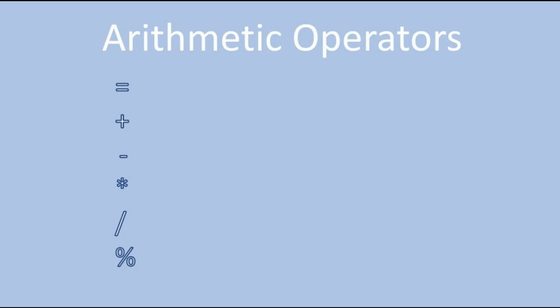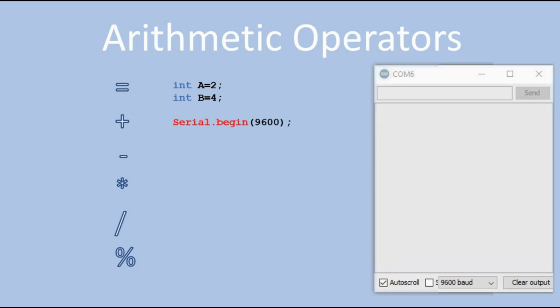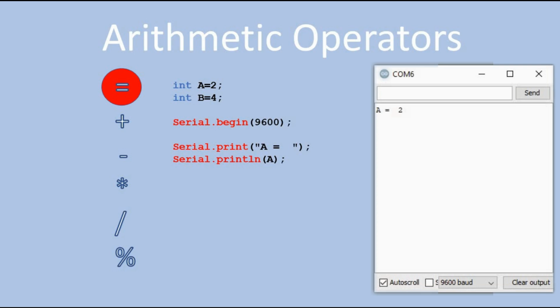Quick presentation in Arduino code. Let's introduce two variables a and b with subsequent values 2 and 4. We open serial monitor. Let's look at the assign operator first. If I send the current value of variable a to serial monitor, the value 2 would be output. And then when we assign the value of variable b to variable a and run the print function again to output variable a, we now get value 4.